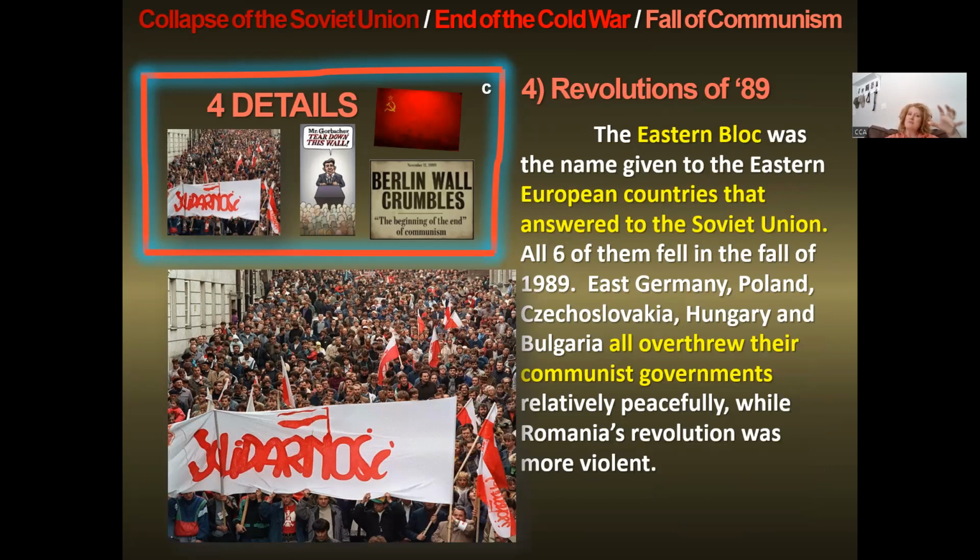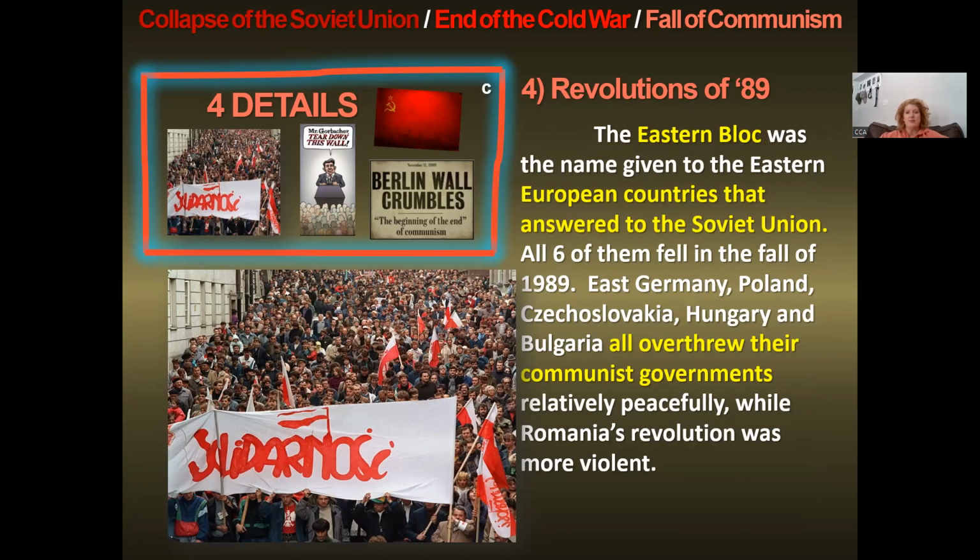So we've talked about many times the effect that nationalism plays in countries wanting to divide and have different borders, because the ethnicities were not taken into account when borders were drawn. Well, it's also going to come into play here, and I'm going to touch on it again when we talk about Yugoslavia, but it's not on this PowerPoint. So there's a lot of circling back today, but the Eastern Bloc begins to fall in 1989.